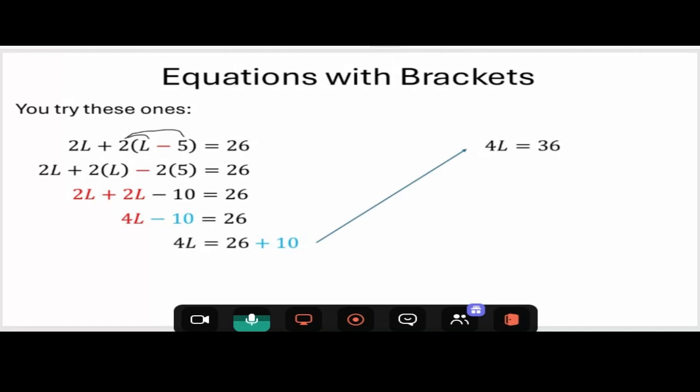It is 36. And is the L by itself yet? No, it's not, because it's being multiplied by a 4. How do we get rid of a multiplied 4? We divide by 4, and whatever we do to one side, we do to the other. 36 divided by 4 is 9, and on the left, of course, the 4's cancel out, just leaving an L. So there is that first equation solved.